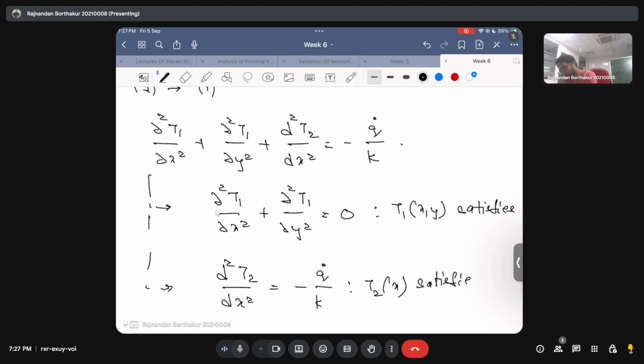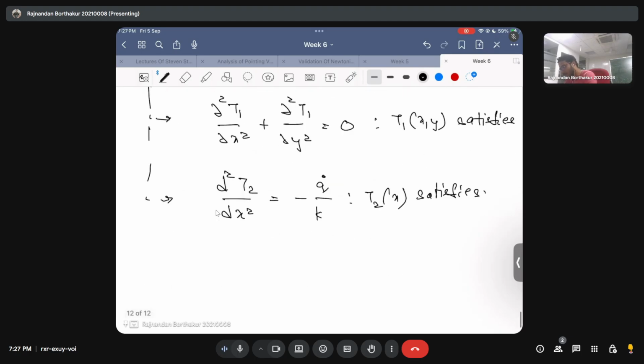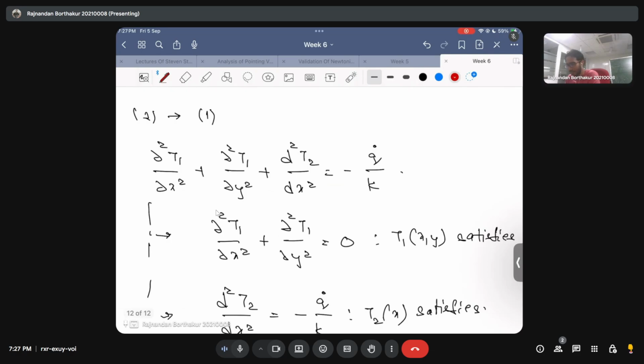Now the good part is this is just an ODE and we know the solution. Basically it's a parabolic solution. We had been solving this multiple times. And the best part is that the equation in T1 just becomes del squared T1 equal to 0, which has now become homogeneous, to be precise.